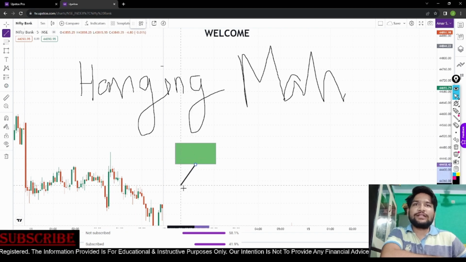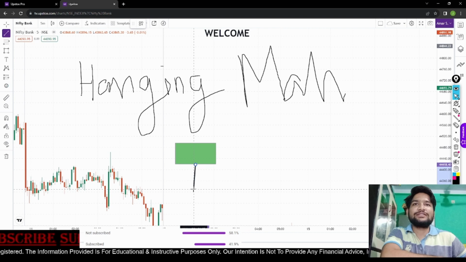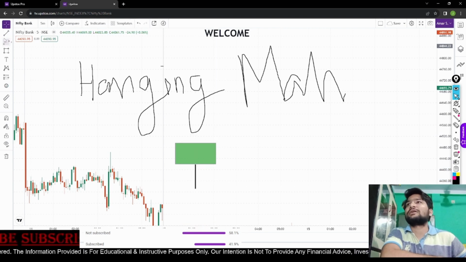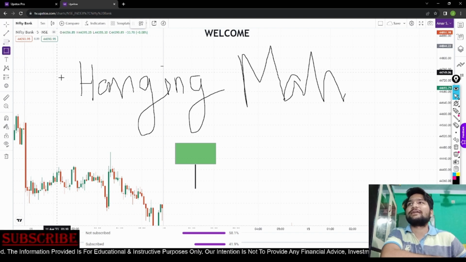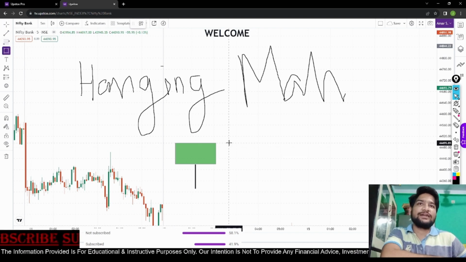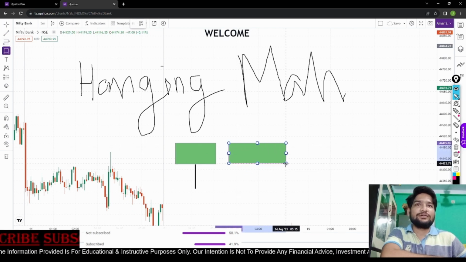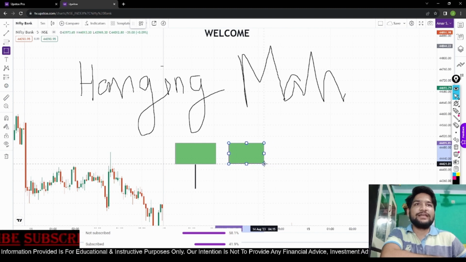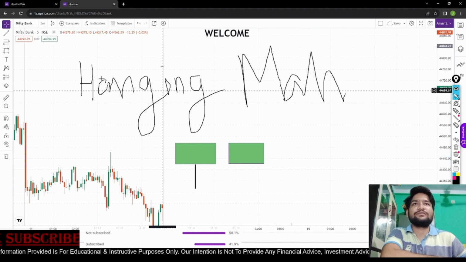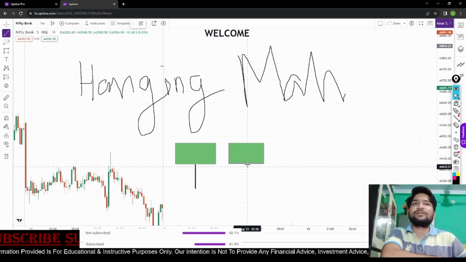The importance of these candles is so much that the colors do not matter. Even if it is red or green, it plays the same role, which I will let you observe in the chart.